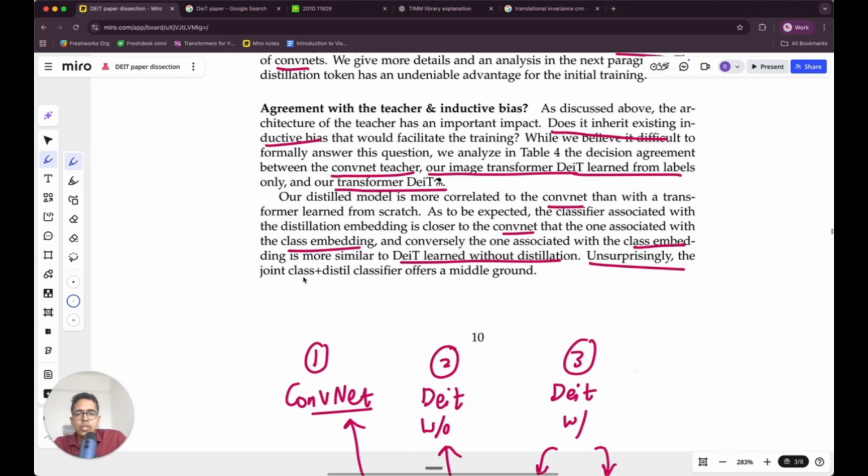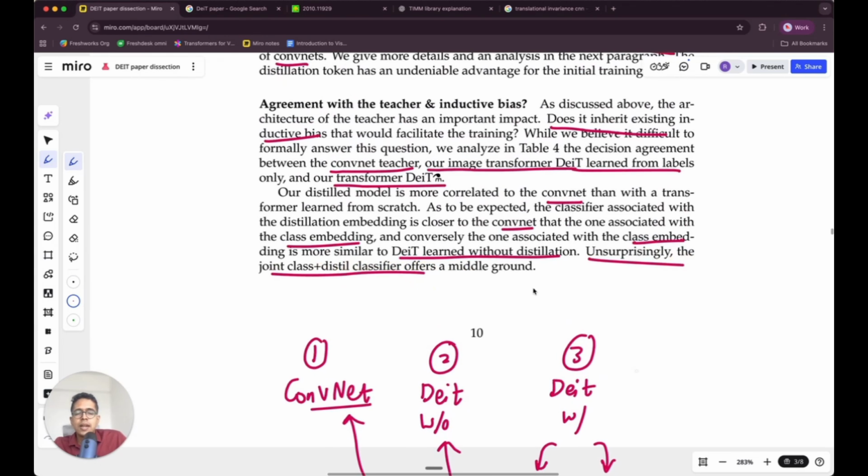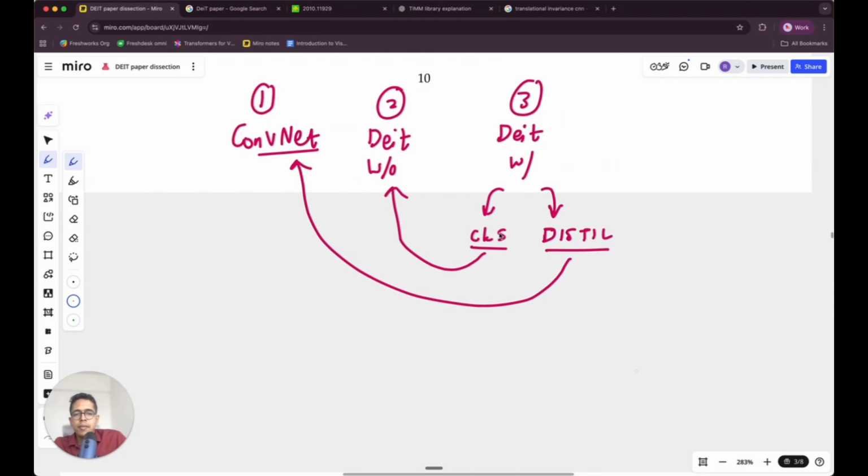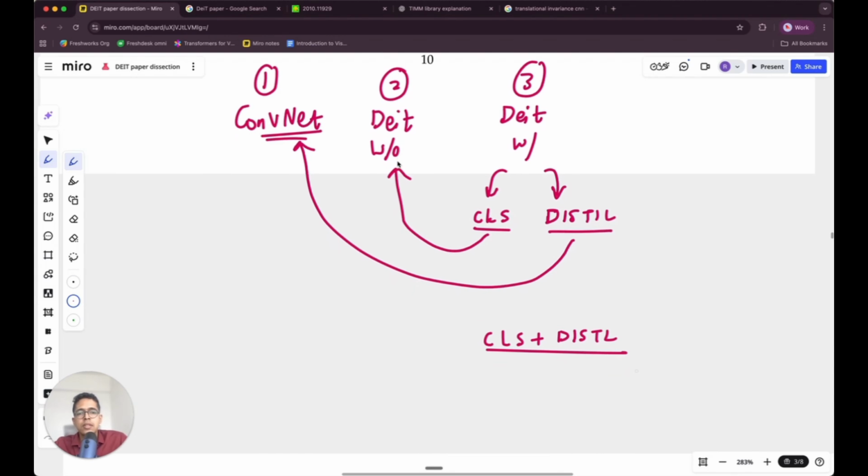Unsurprisingly, the joint class plus distill classifier offers a middle ground, meaning if we use both CLS plus distill for classification, that correlates neither with this nor with this. It's somewhere in between. It's neither perfectly correlated with ConvNet's output nor with DEIT without distillation. That is what this paragraph is saying.